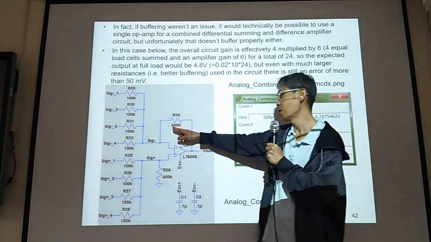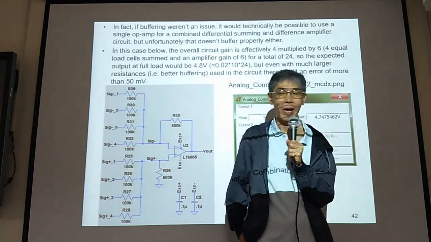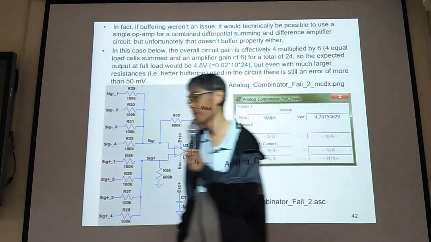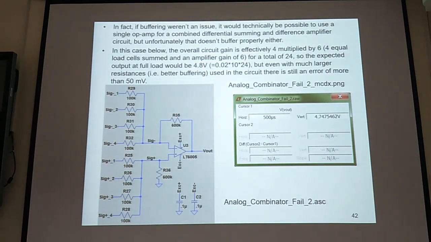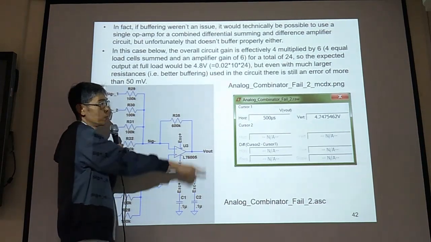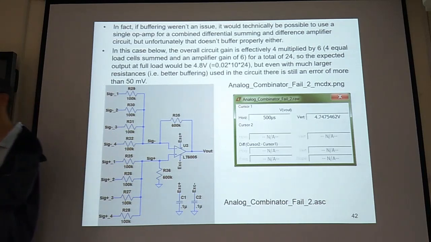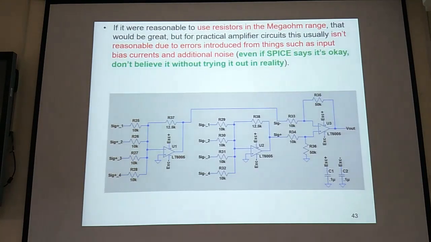So, although it increased the resistance, still we are not happy with it. Because although the buffering is improved by increasing the resistance, still it's not good enough. Also, there's one big problem.